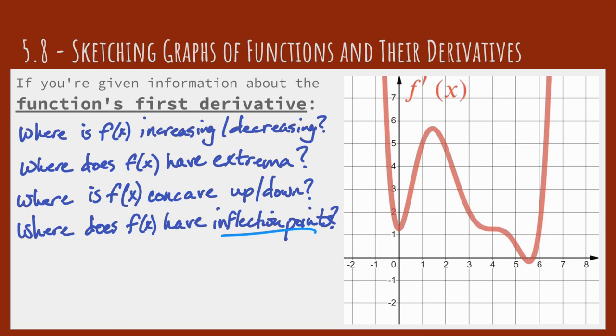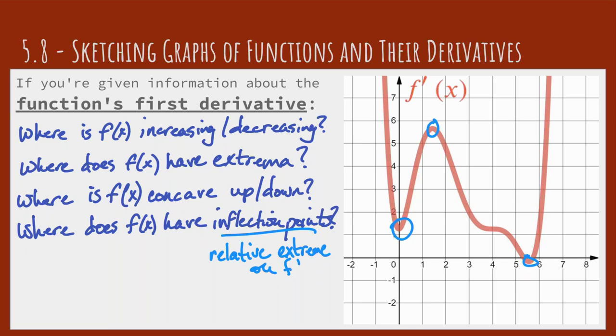So an inflection point on f is going to be the same thing as a relative extrema on f prime. So this is going to be where f prime changes from decreasing to increasing. Then we're going to have an inflection point at the x coordinate that corresponds to that. We're also going to have an inflection point there and an inflection point there.